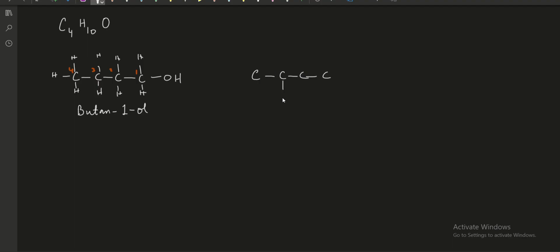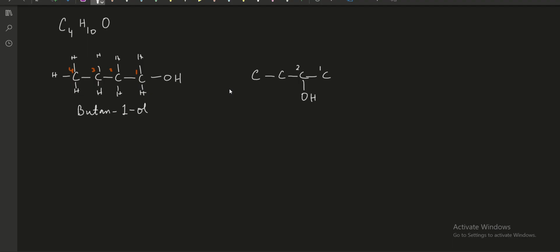If I write it with the other carbon in the middle, I start numbering from this end, 1, 2.